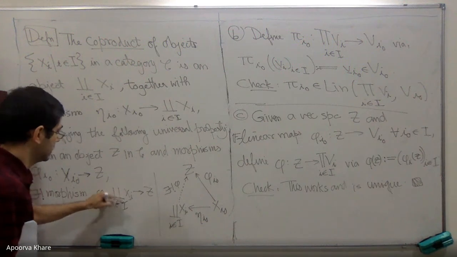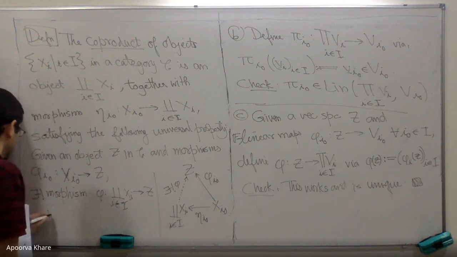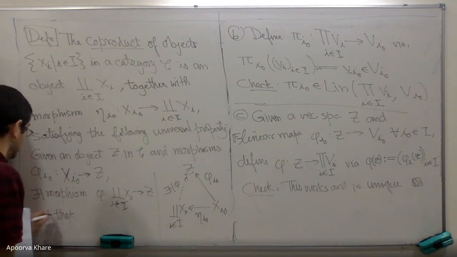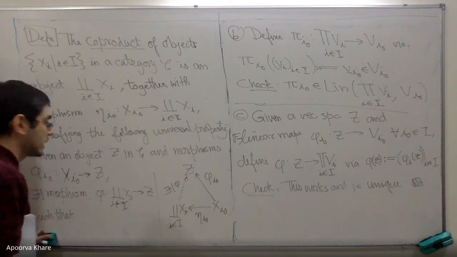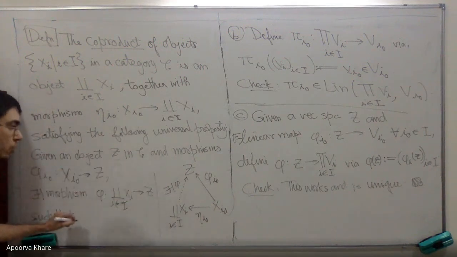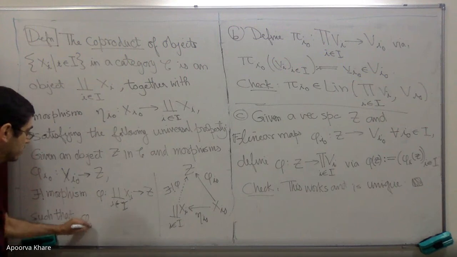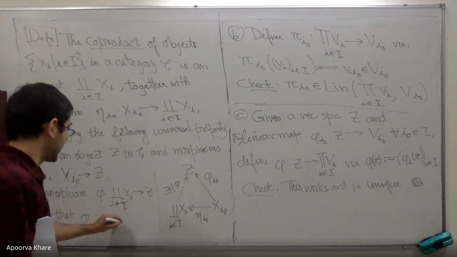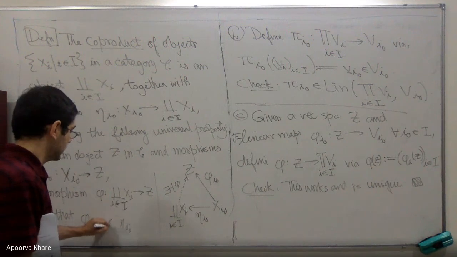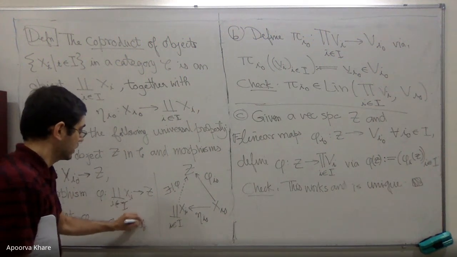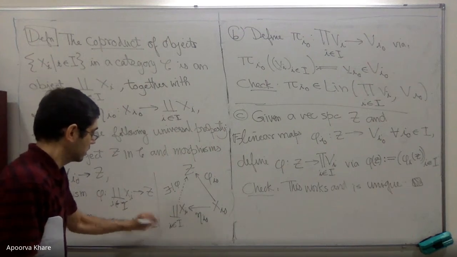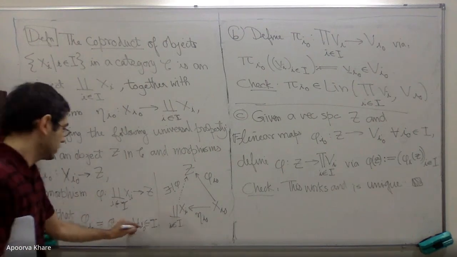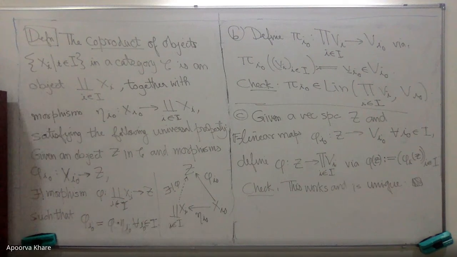What is the diagram? You can either go directly by phi i_0, or you can first go by eta i_0, and then go by phi, for all i_0. That is the diagram.